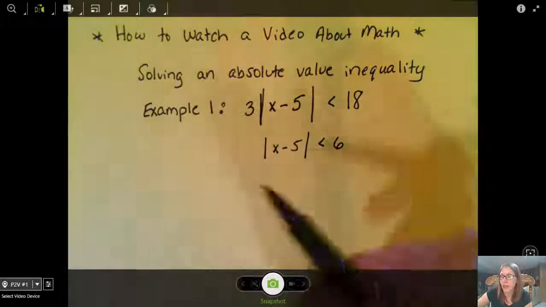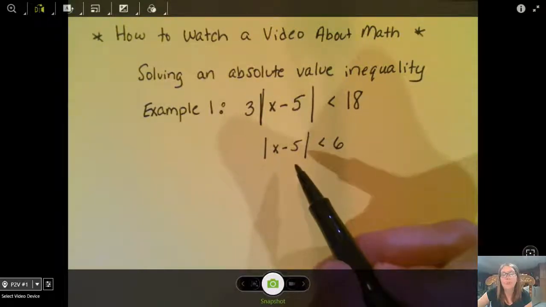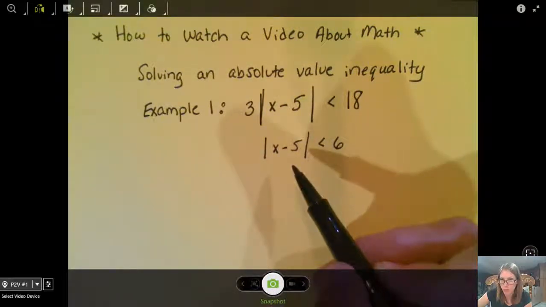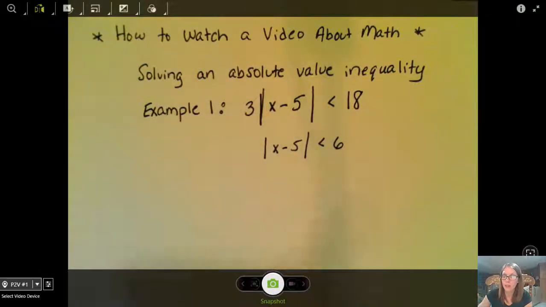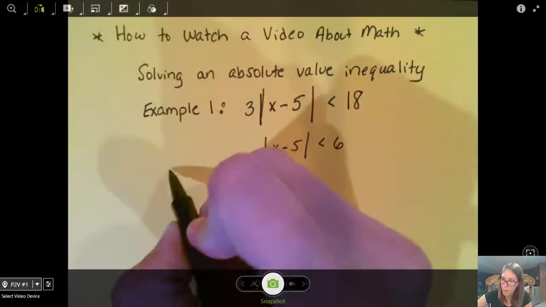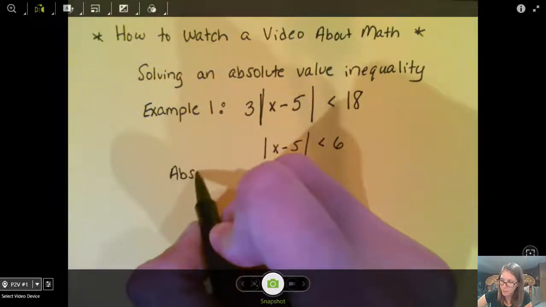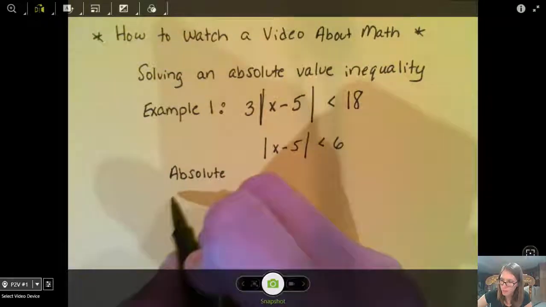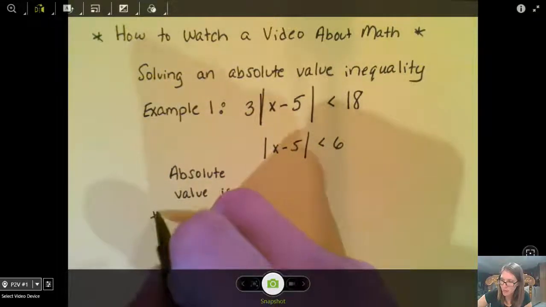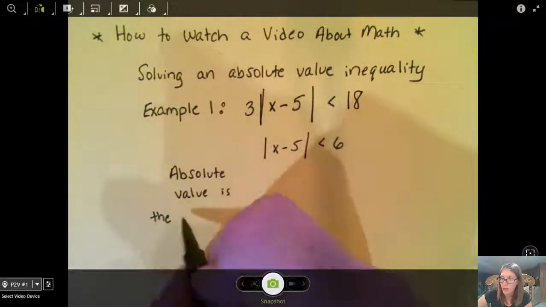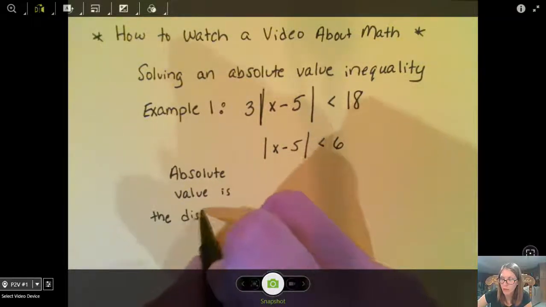Things are looking pretty good. I can't just add 5 to both sides, though, because I have these absolute value bars here. So let's take a break for a second and remember what absolute value means. Absolute value is talking about the distance away from 0.